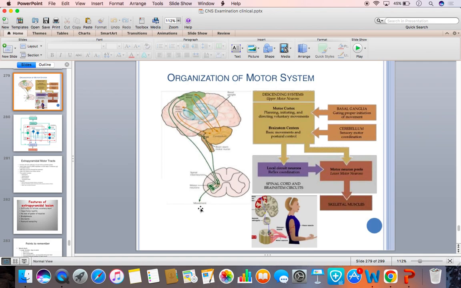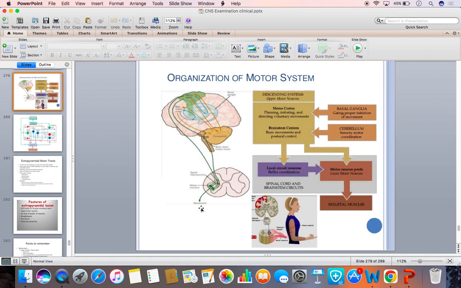Look at the organization of the motor system. See, the descending system, upper motor neurons, that is motor cortex, including basal ganglia and cerebellum, run downwards, resulting in the control of the skeletal muscles. This is the organization of the motor system.